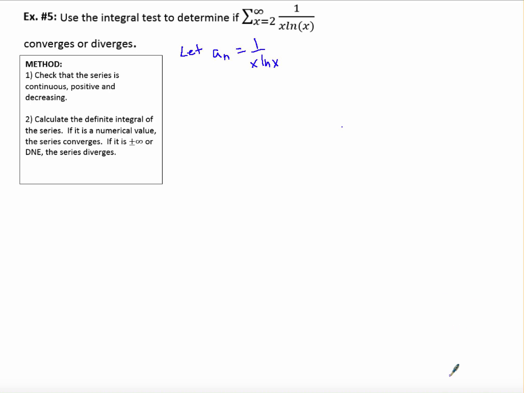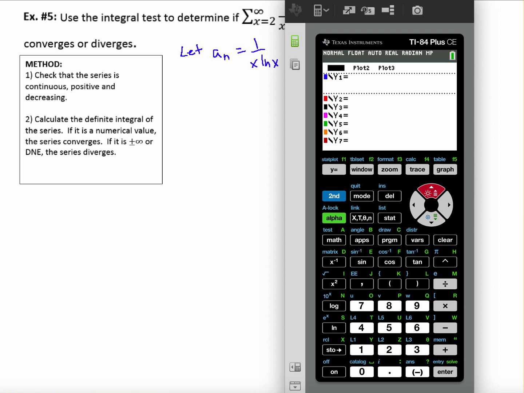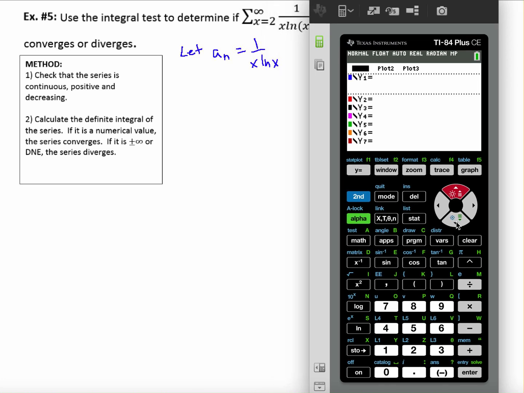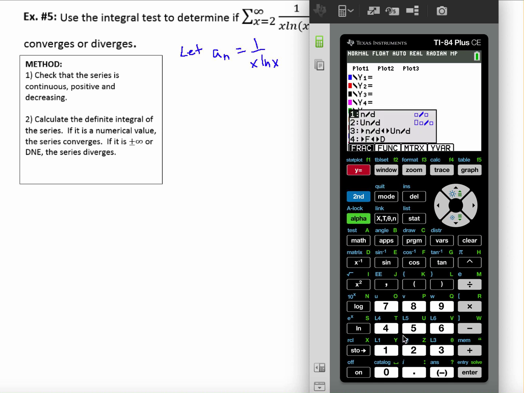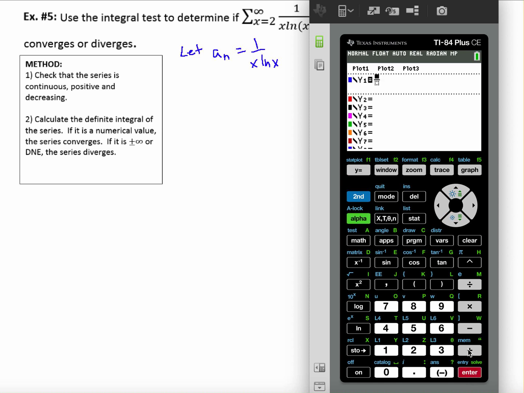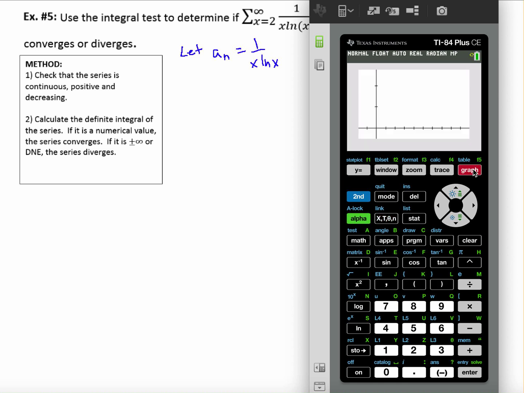One way we can do that is by using our calculator. So I'm going to pull up my calculator and see what exactly is happening with the graph of 1 divided by x ln x. Let's check it out.